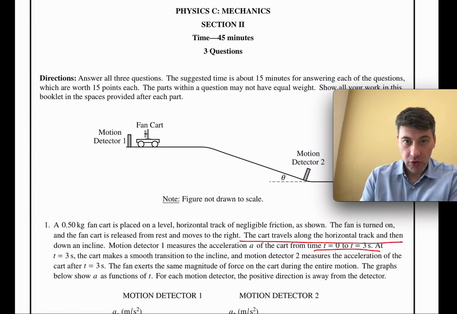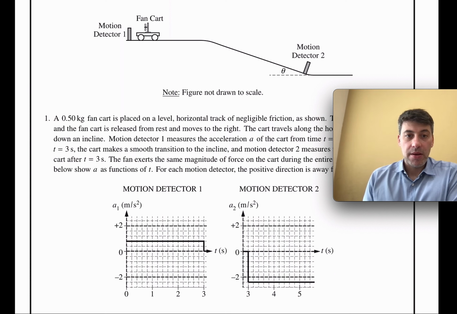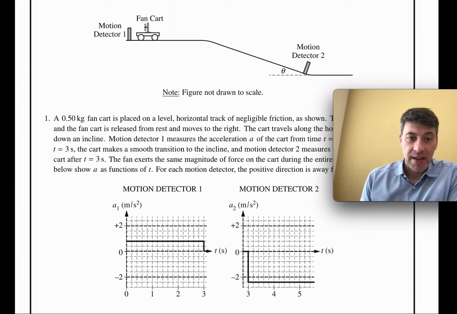So we need to see what else is given. We have the acceleration with respect to time graph. For the first 3 seconds, the acceleration is positive, and after the 3 seconds, the acceleration is negative. We have to be a little bit careful here.